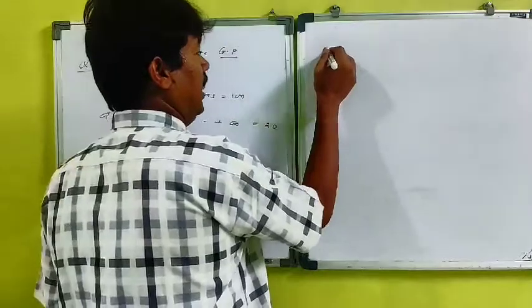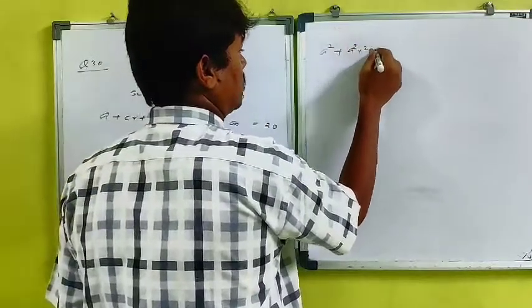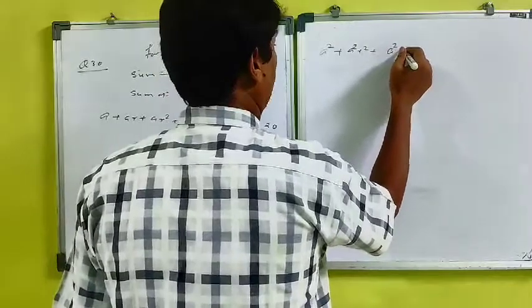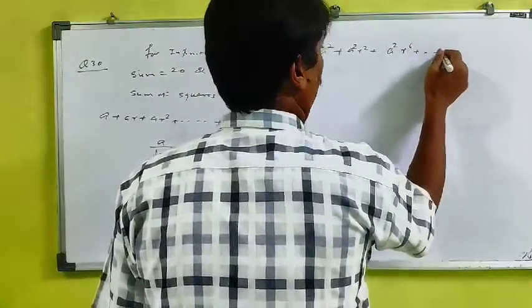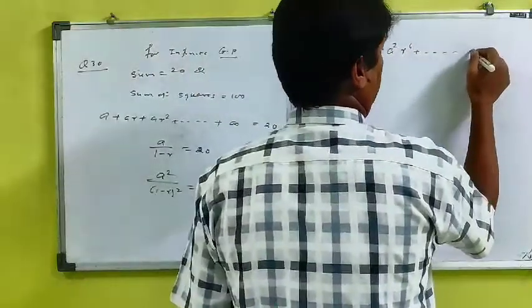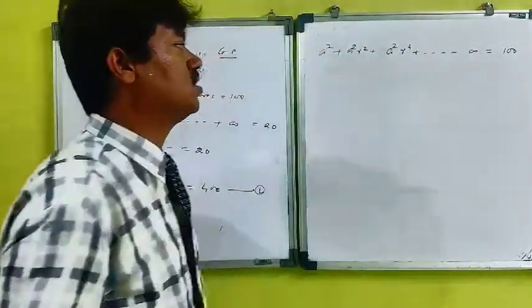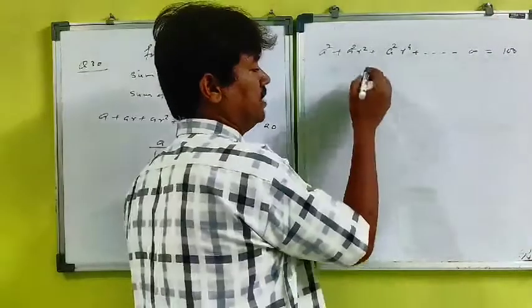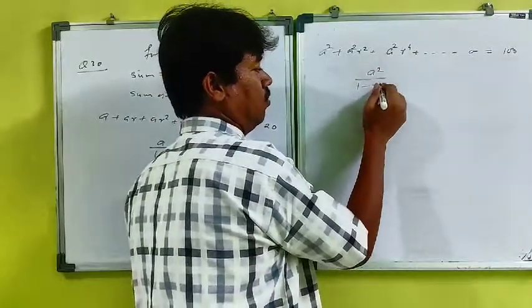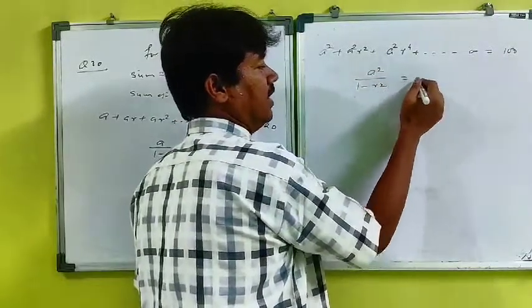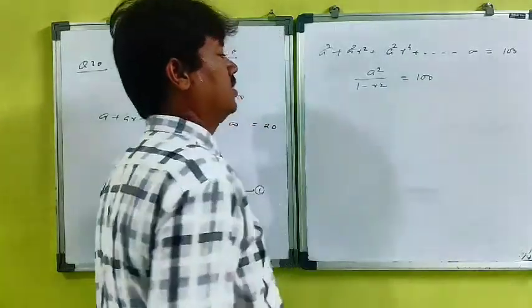For A square plus A square R square plus A square R raised to 4, in this case the infinite series, the sum is equal to 100. Now here the first term is A square, the common ratio is R square, so it is A square upon 1 minus R square, and that is equal to 100.